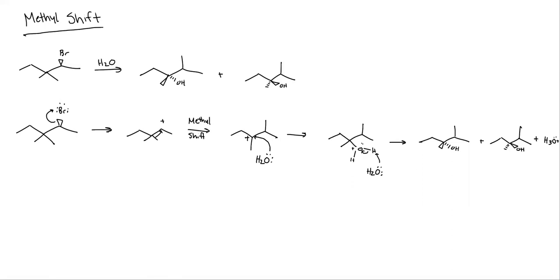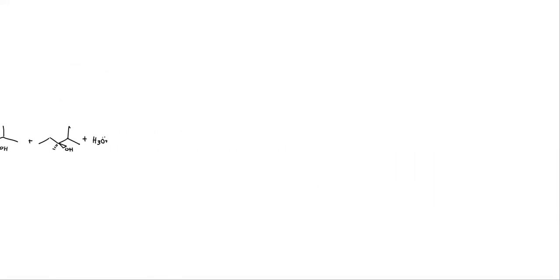So now what I want to do is do one more example of the methyl shift. You'll remember that in the video on the hydride shift, the second example I did was with a primary alkyl halide. In this one, I'm going to do a primary alkyl halide with the methyl, okay?